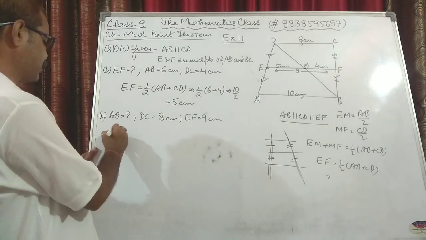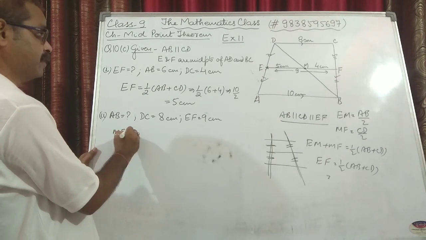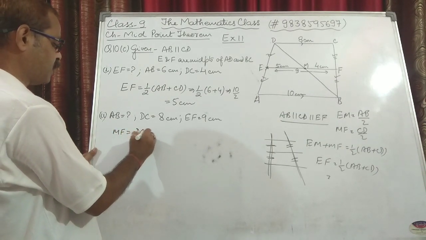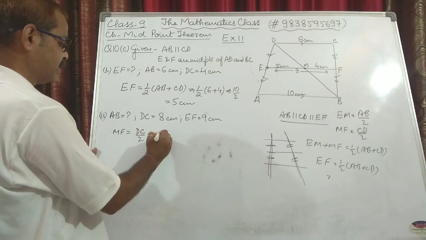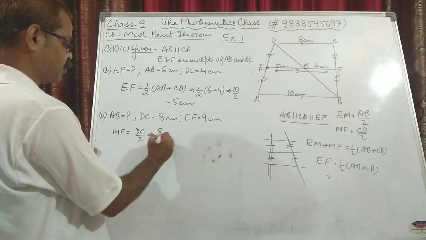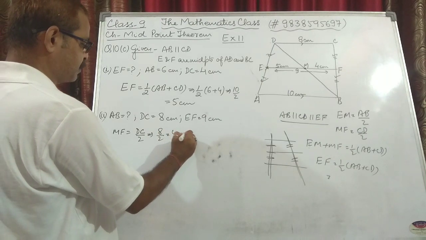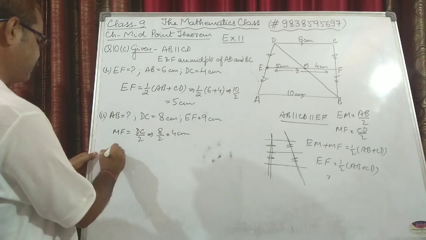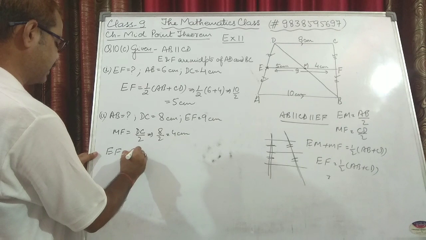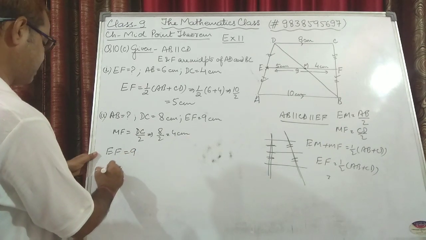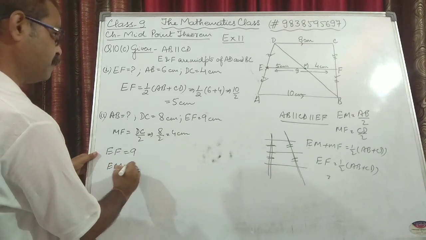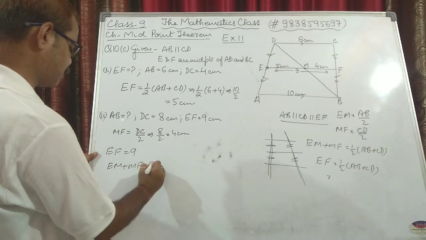So what we can say, first MF will be half of BC, that is 8 upon 2, that is 4 centimeters. Now EF is given as 9 centimeters. EF can be written as EM plus MF is equal to 9.